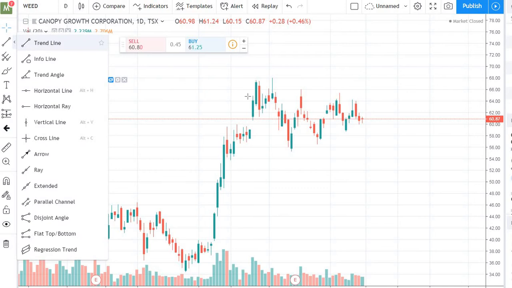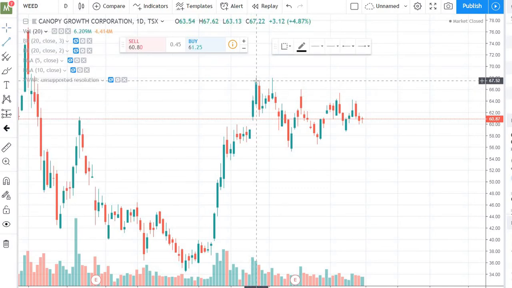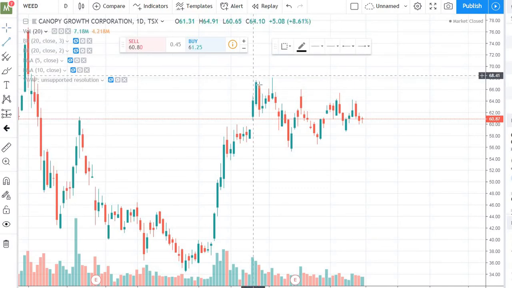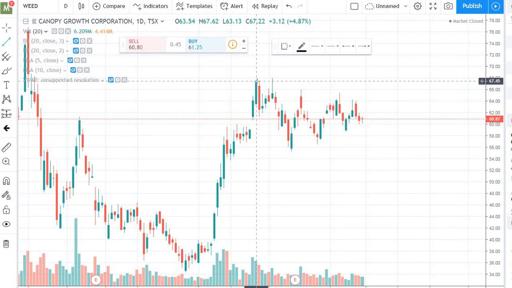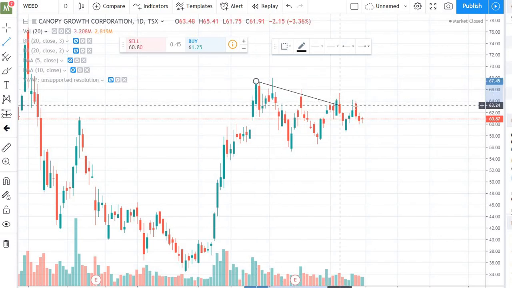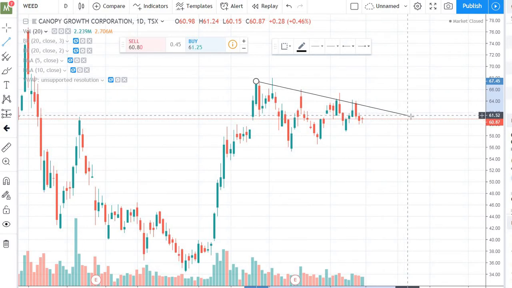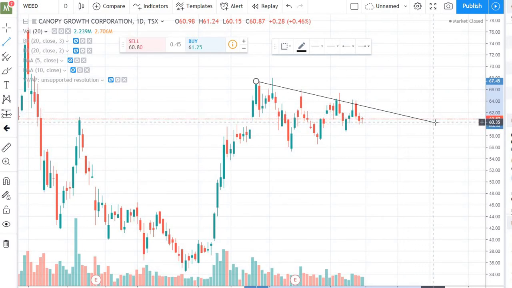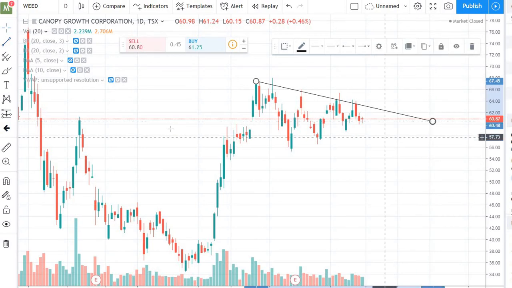All right, so we're going to come up here to the top of this candle, and then we're going to try and get as many lines on the top as we can. So this is like a flag or consolidation here. So that looks reasonable there.